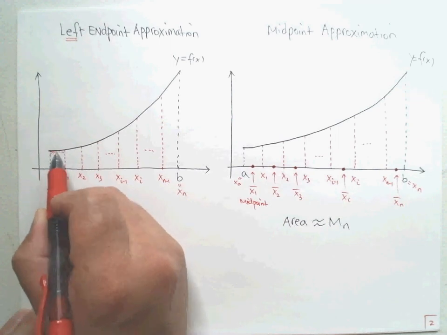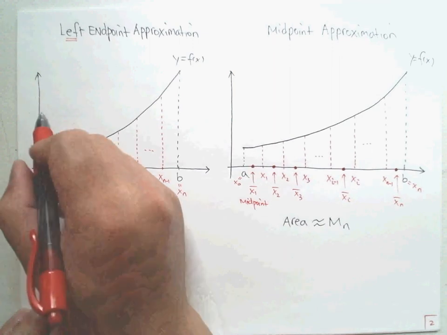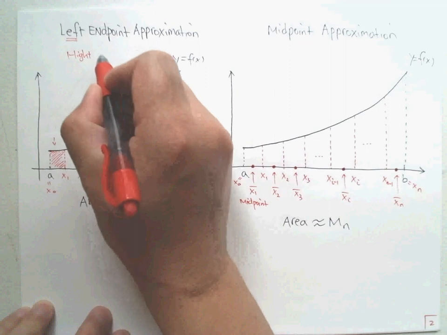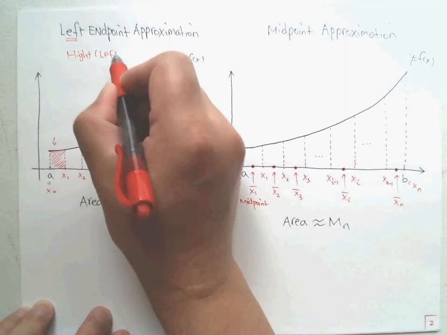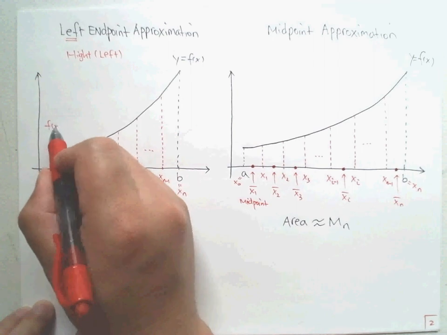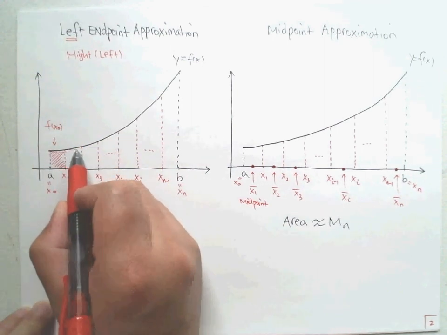Then we highlight. What is the height? The height is the left endpoint, so it is f at x0 this time. The same for the second, going to this.